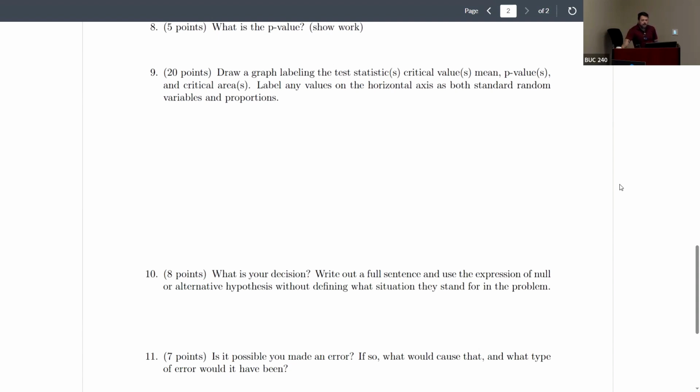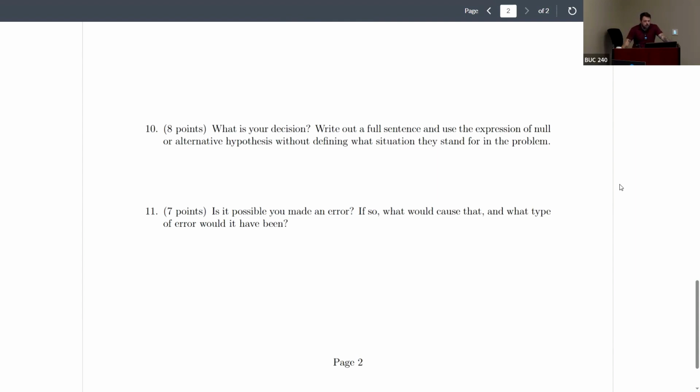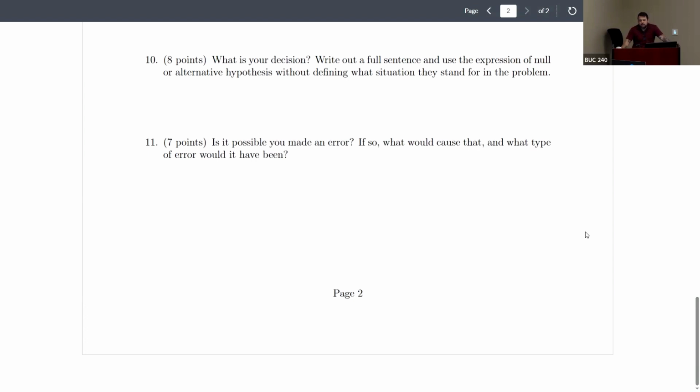Label any values of the horizontal axis as both standard random variables and proportions. What is your decision? Write out a full sentence and use the expression of null or alternative hypothesis without defining what situation they stand for in the problem, and is it possible you made an error? Okay. If so, what could cause that, and what type of error would it have been? You'll learn about errors in 10.1 as well.